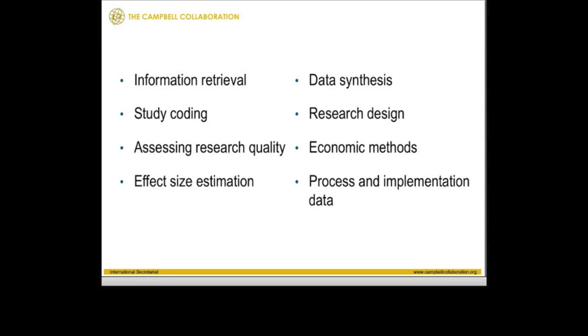So, what kinds of things can we provide you with? The methods group provides consultation on specific review methods: information retrieval, what kinds of studies and how to find studies for your review, study coding, how to extract information from studies, the assessment of research quality of the studies included in a review, how to calculate effect sizes, and how to analyze and synthesize them across studies.